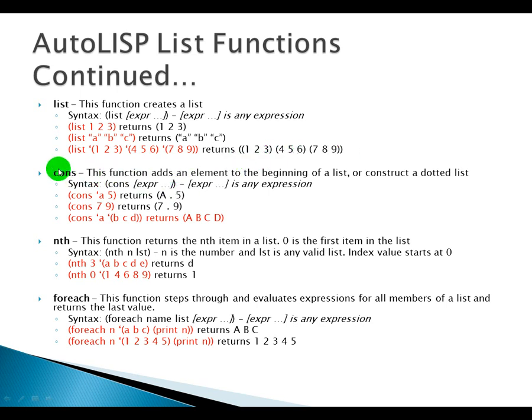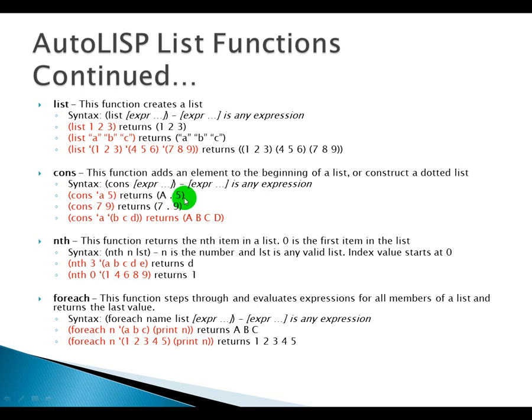The next function is cons. This function adds an element to the beginning of a list or constructs a dotted list, a dotted pair. So this is the syntax. Cons A 5 gives us (A . 5).